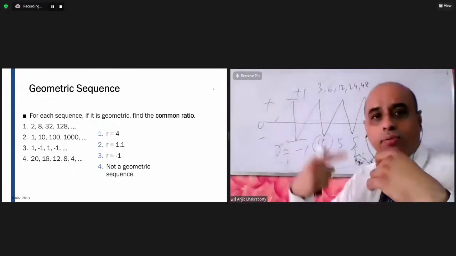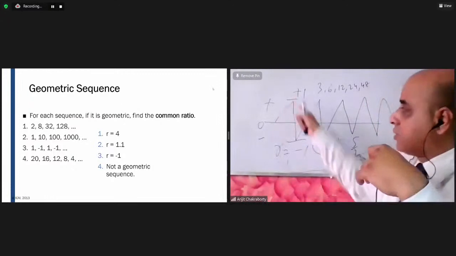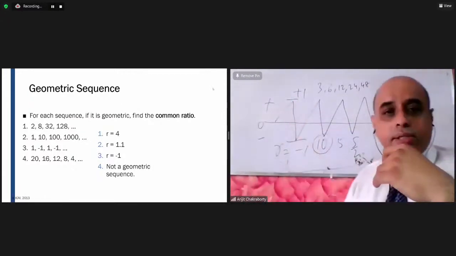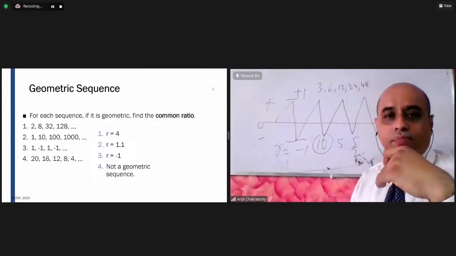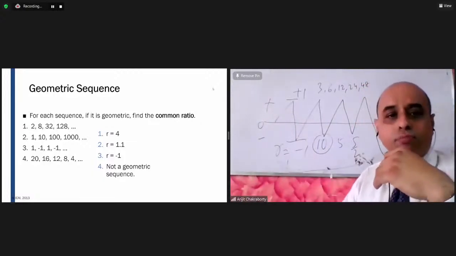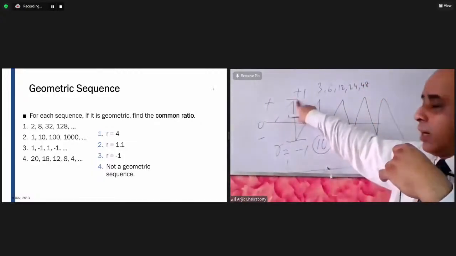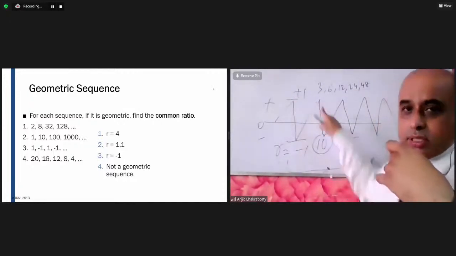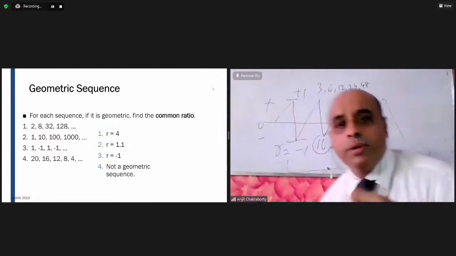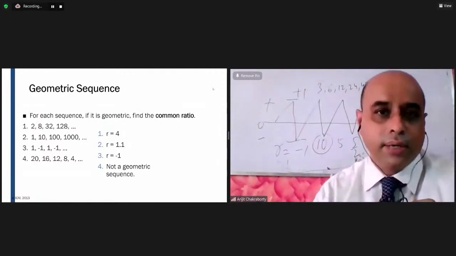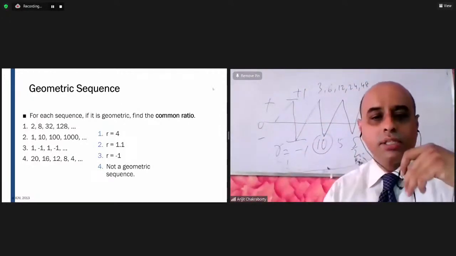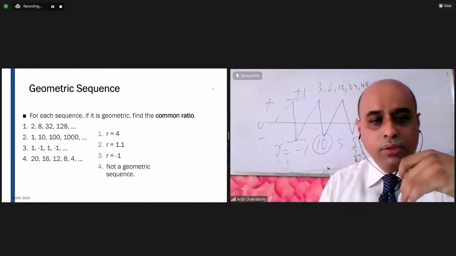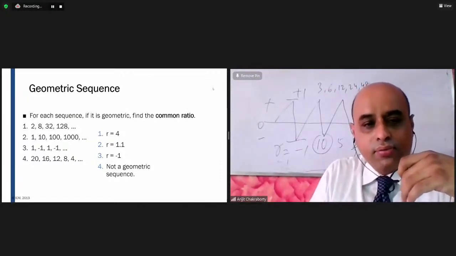Those of you from the science background might know that this is basically the curve also known as a sine curve. This is how the sine curve moves. One apex is in the positive territory, one in the negative, again positive, again negative. So when the common ratio is -1, it gives us a sequence, but it is not a progression.